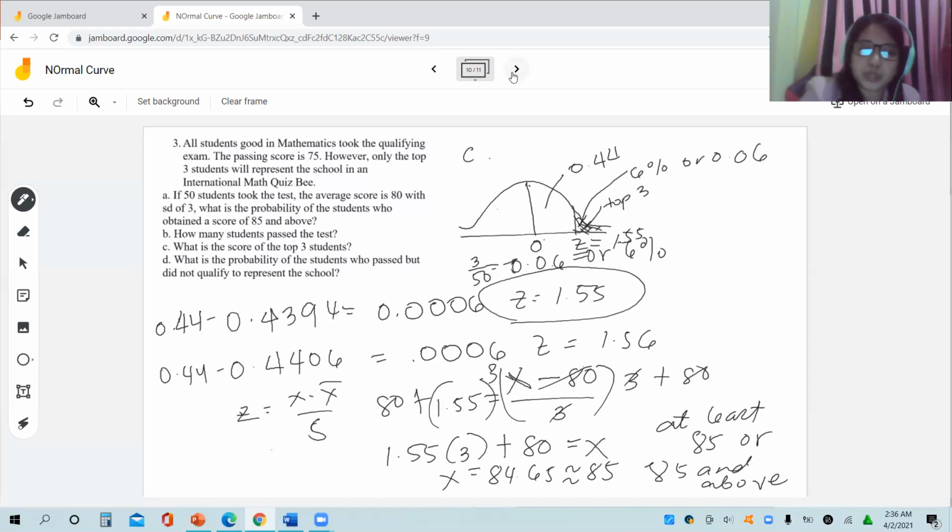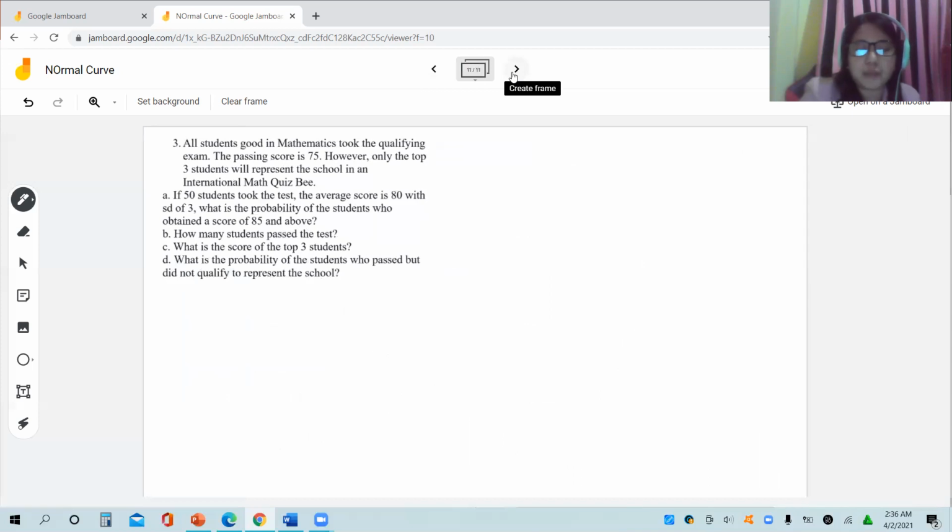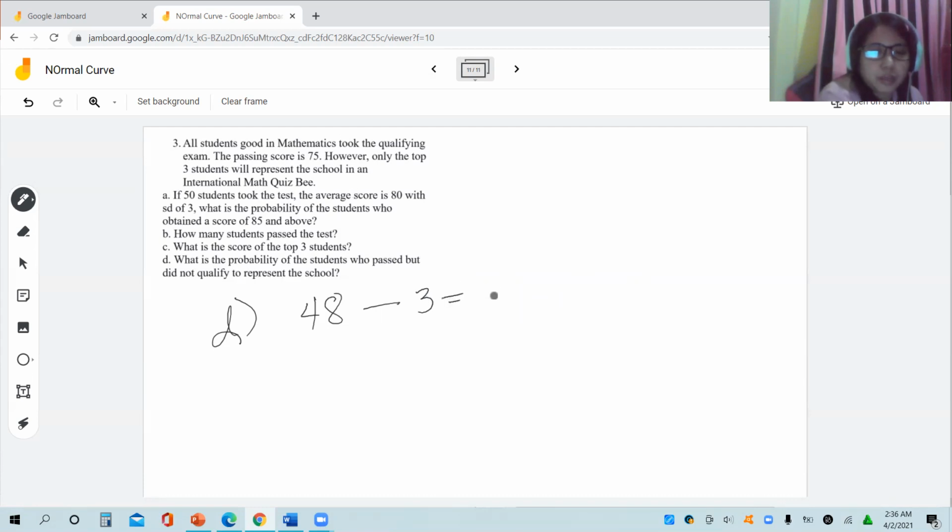And how many students qualify? It is the top 3. So there are 3 students. So for letter D, if there are 48 students who passed the test based on our computation in letter B, and there are 3 students who are qualified, then it means that there are 45 students who passed but did not qualify.